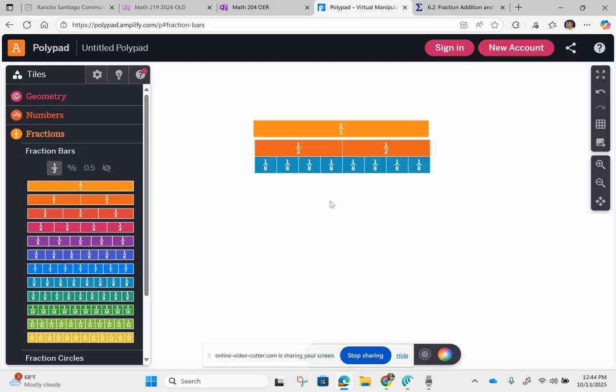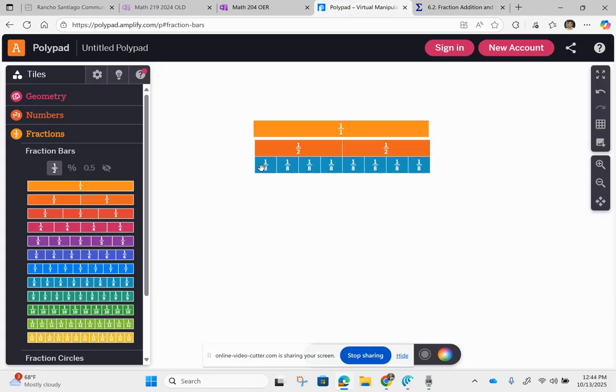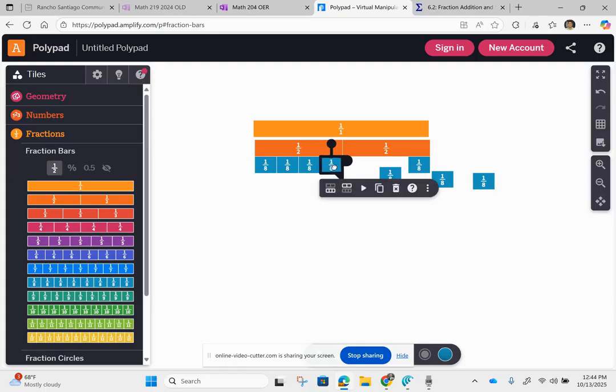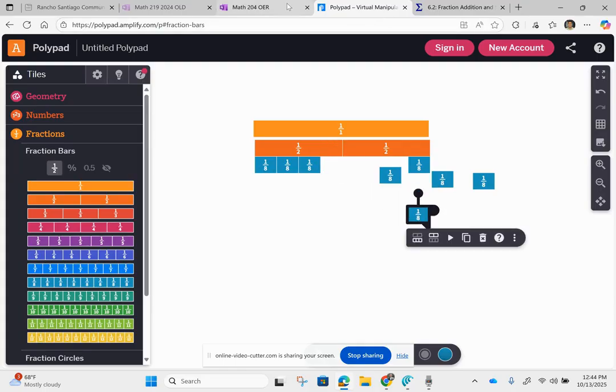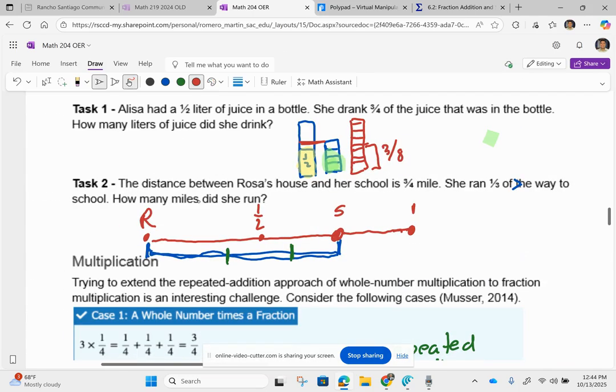And so she drank 3/8 of those. So you could see there's 3/8. The half is now in fourths. She drank 3/4 of the half, and there's your 3/8, and that's where the 3/8 comes from. A visual model similar to this question here.